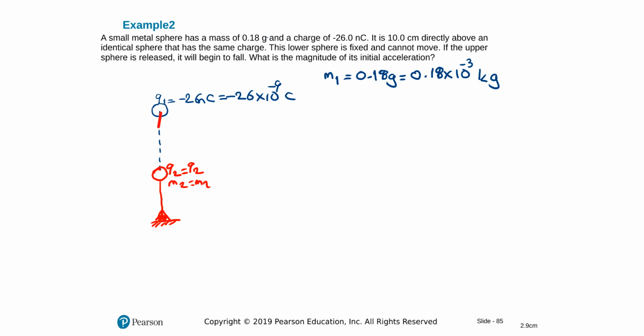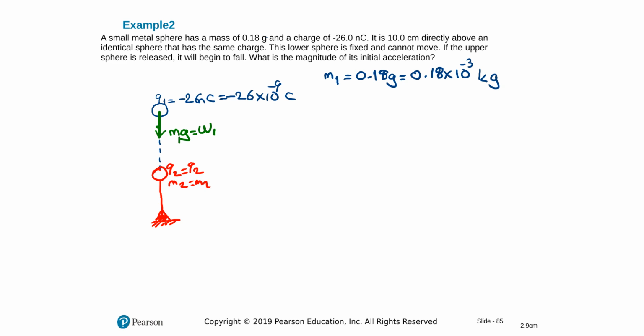There is a force of gravity down, as always. Force of gravity down, which is weight. We know this. That's mass times gravity. It's called m1 times g. That's the weight of the first object.